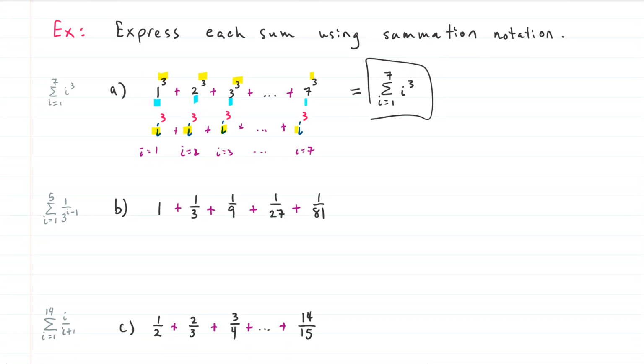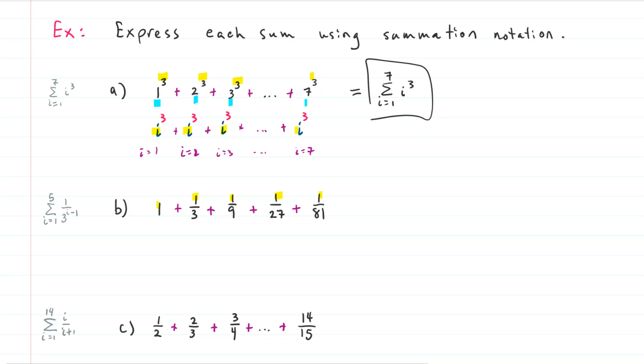Kind of fun, huh? Let's try this next one. B, we have 1 plus 1 over 3 plus 1 over 9 plus 1 over 27 plus 1 over 81. What stays the same? Well, the 1 does. There's a 1 in the numerator of all of these.